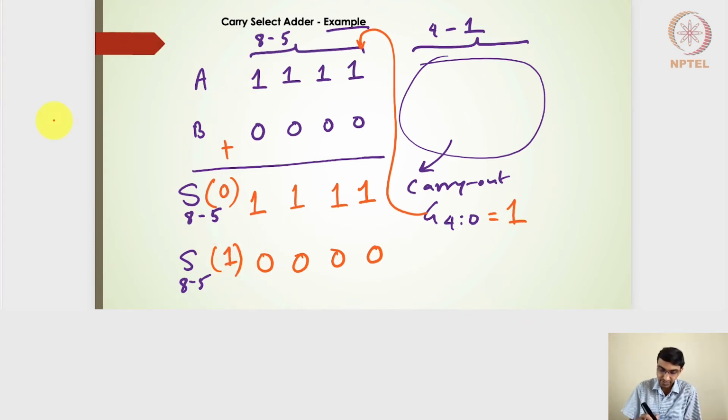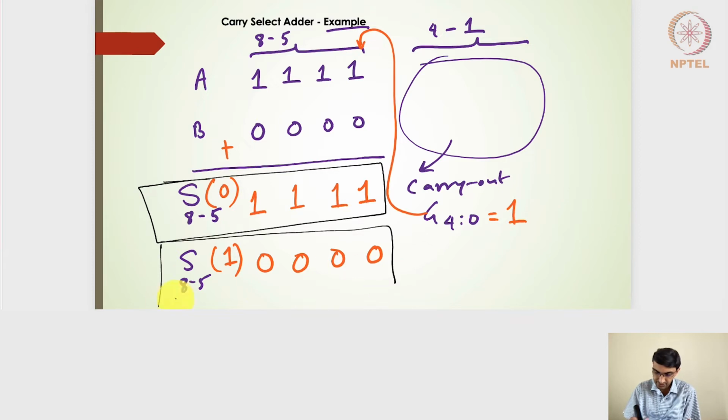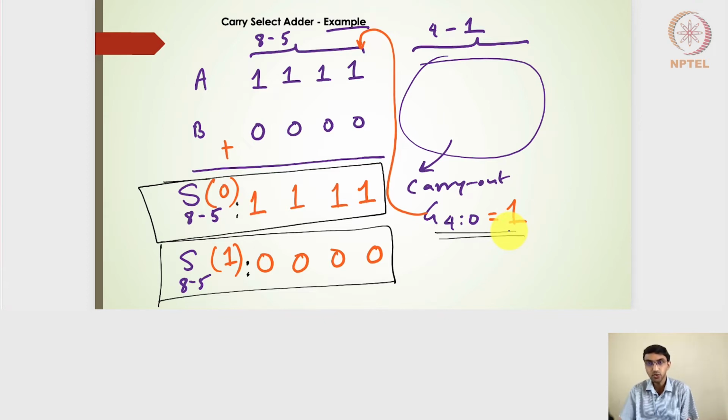And of course, G8 to 0 will be 1. But if I look into this closely, I now have sum bits which are quite different: all of them 1 in one case and all of them 0 in the other. It's actually based on the value of G4 to 0, based on the carry out coming from the lower bit groups.